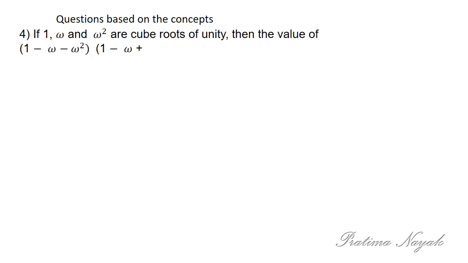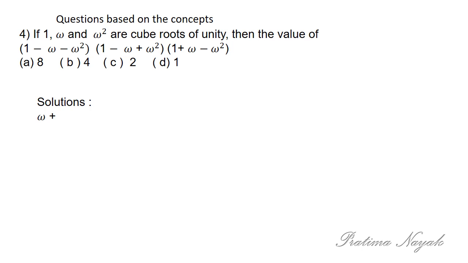Next question. If 1, omega and omega square are cube roots of unity, then the value of (1 minus omega square) whole into (1 minus omega plus omega square) whole into (1 plus omega minus omega square). Four options are given for the answer.